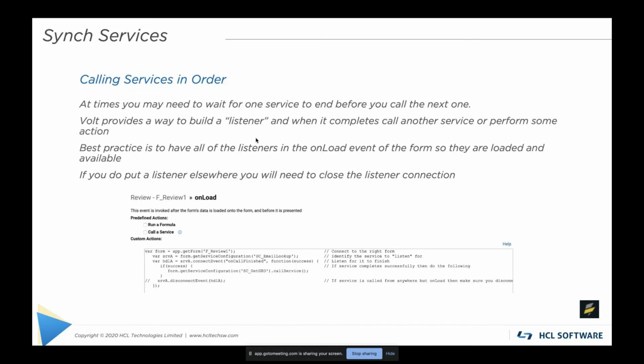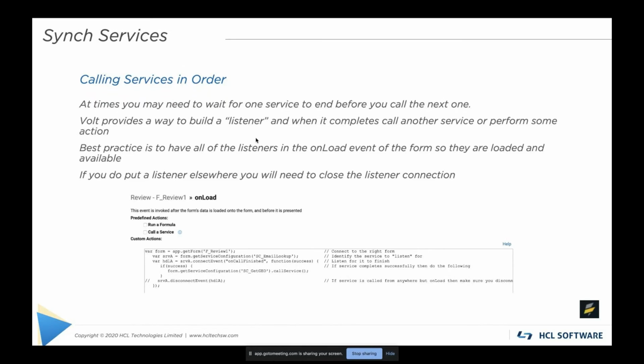Now there's some best practices around this, and I'll show you the different reasons you do this. So it says here the best practice is to put it on the onload event, and that means because then it just loads once and it's always listening. The issue is that you can put it into another event like an on change or an on update, or whatever event outside of the on load.